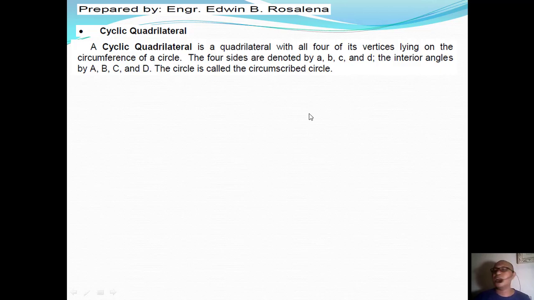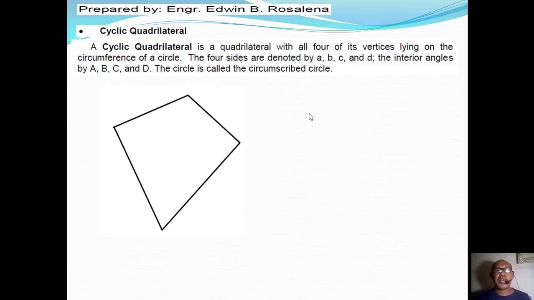of the circle. So meaning, this is just a special case where for a quadrilateral, we can draw a circumscribed circle. So if this is the quadrilateral, we can draw a circumscribed circle, meaning all the vertices lie on the circumference of the circle.